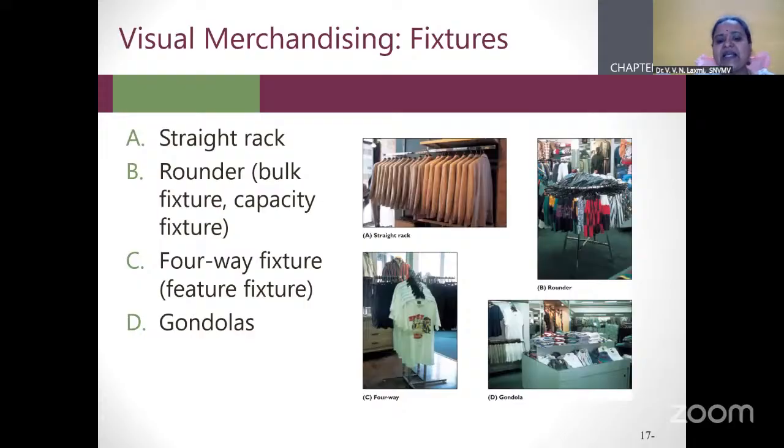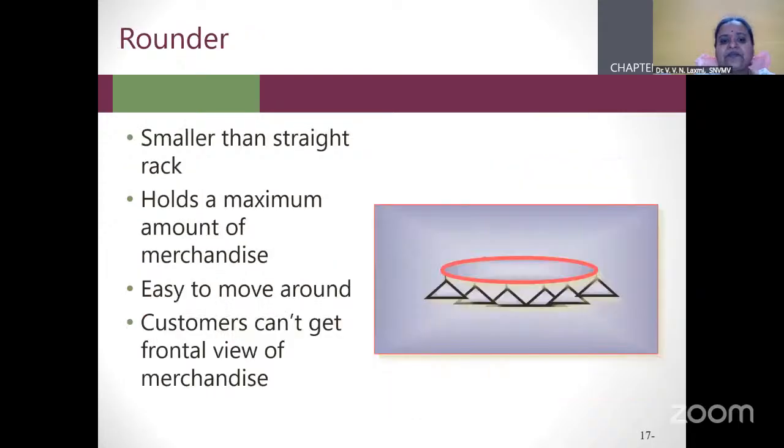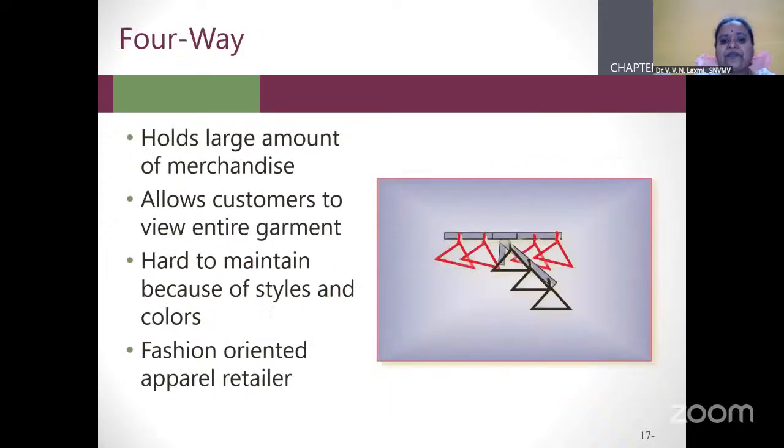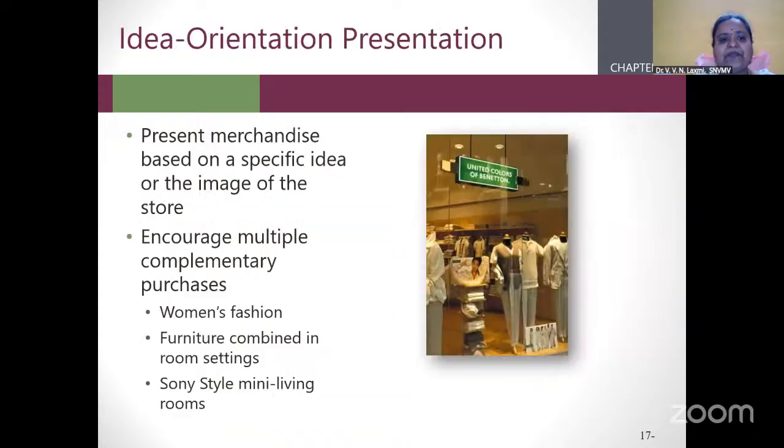So these are the different types of fixtures that can be used within a particular store. These are the gondolas that are used to stock a lot of merchandise with specialized temperature control.